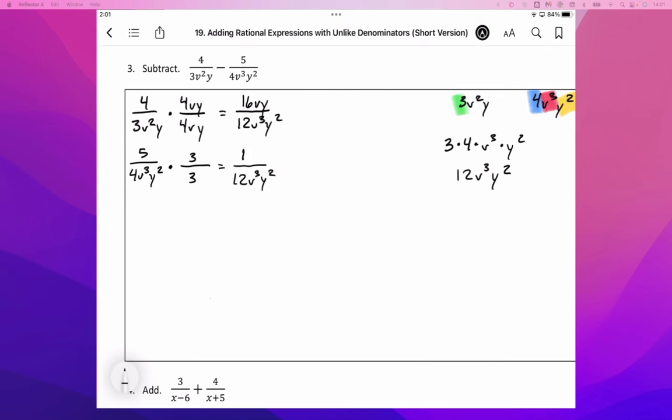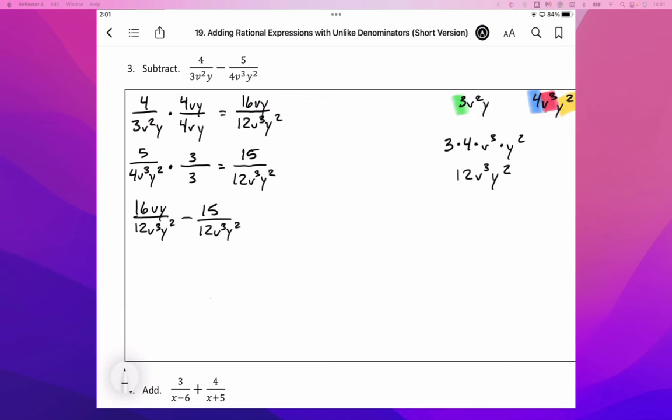So 5 times 3 makes 15. We need to remember that we're subtracting that second fraction when we write this out. So our new fractions are 16vy over 12v to the power of 3 y squared minus 15 over 12v to the power of 3 y squared.